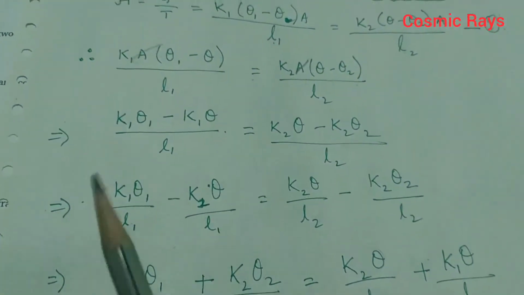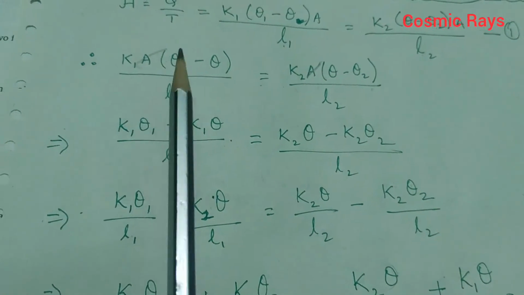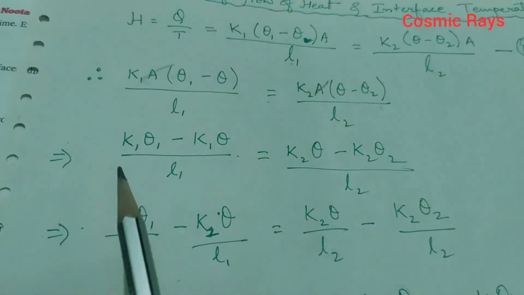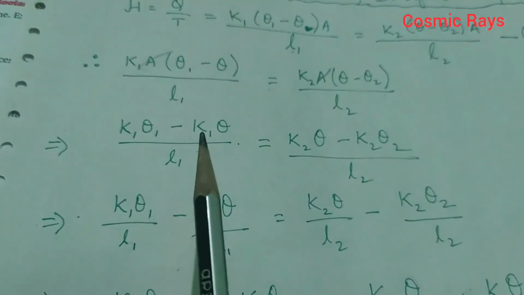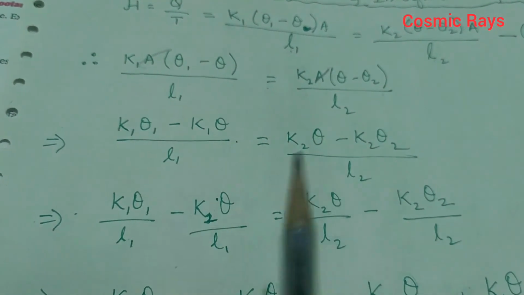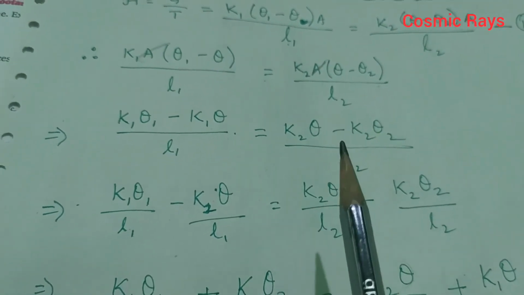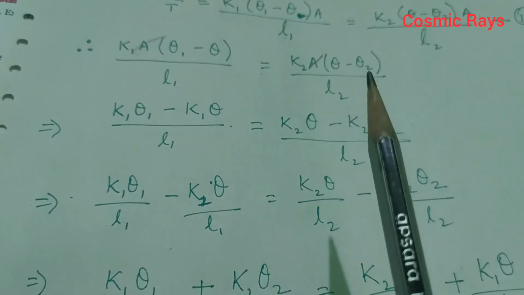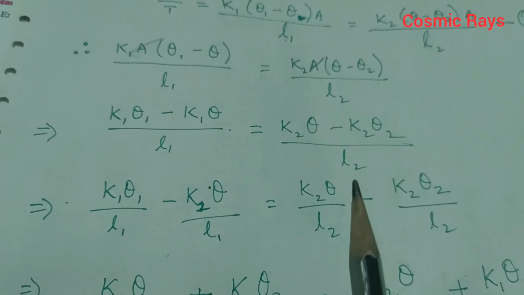After cancelling area, we multiply K1 inside. So if we multiply K1 inside, then we will have K1 theta 1 minus K1 theta upon L1 equal to K2 multiplied by theta gives me K2 theta, minus K2 multiplied by theta 2 is K2 theta 2, upon L2.